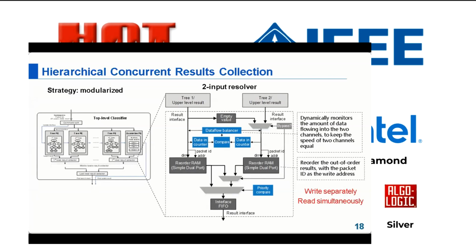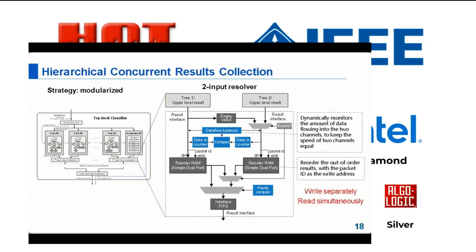It aims to resolve two issues. The first is the processing of out-of-order results due to the existence of multiple search units and the different processing delays of packets. To address this, each input channel has an independent RAM to reorder the results, and the packet ID acts as the writing address.